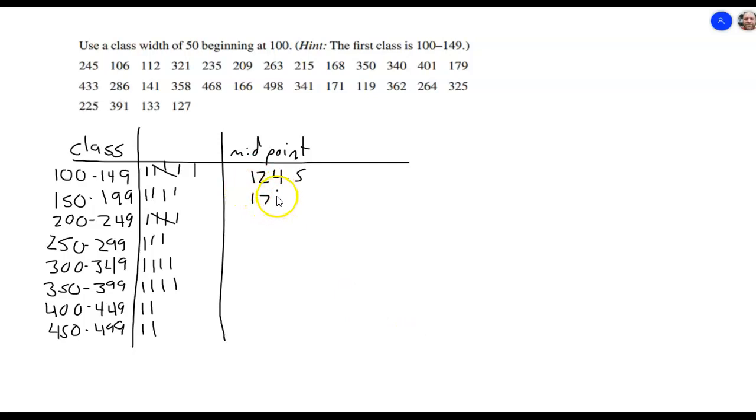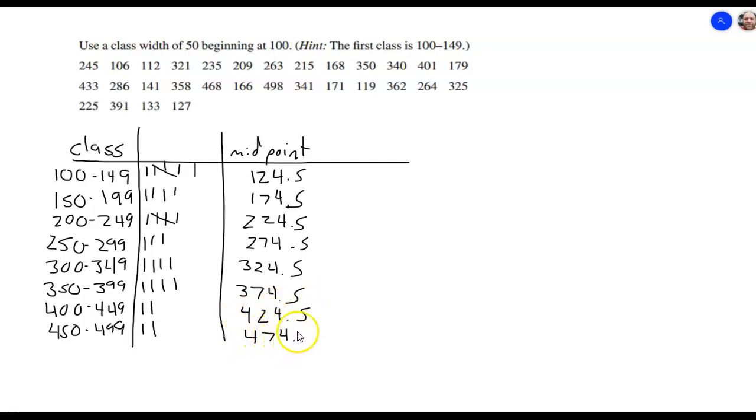This is going to be 174.5, this is going to be 224.5, 274.5, 324.5, 374.5, 424.5, and 474.5.